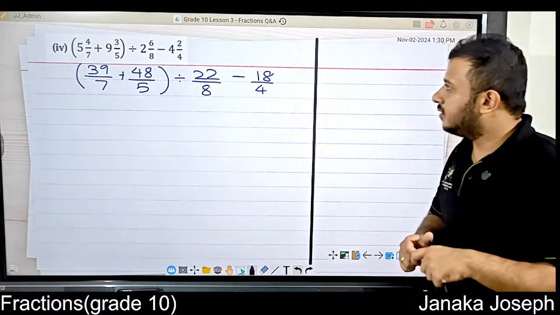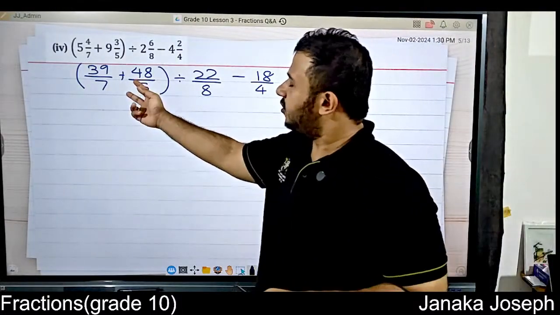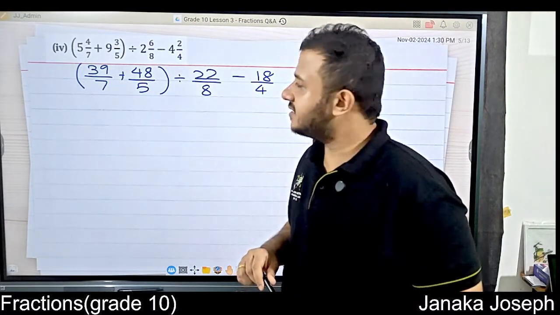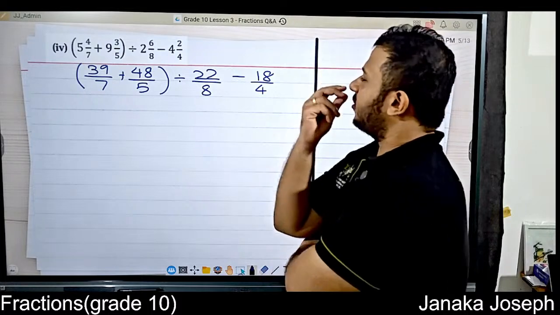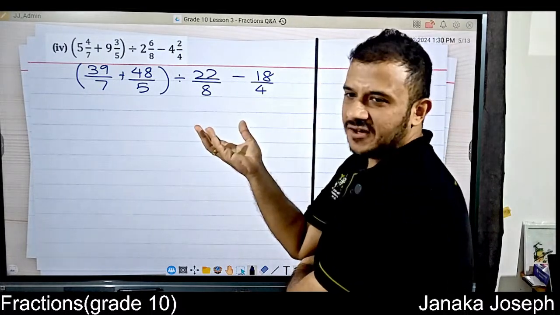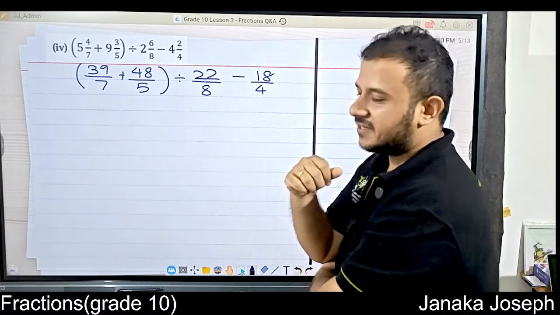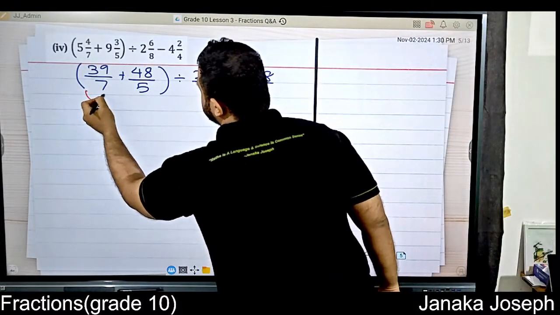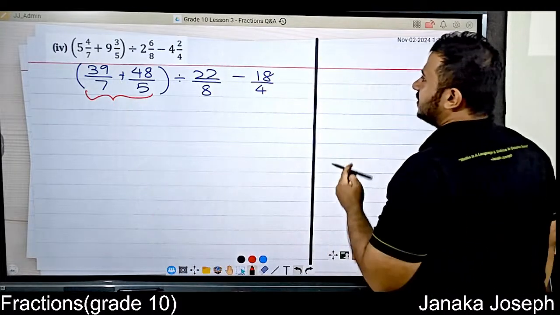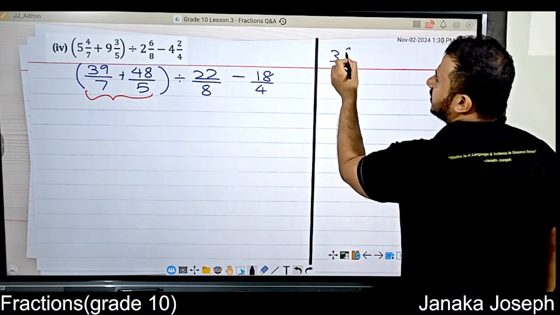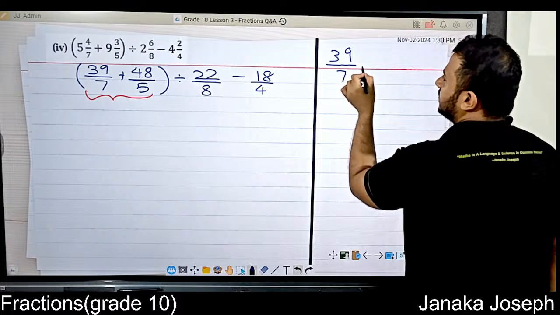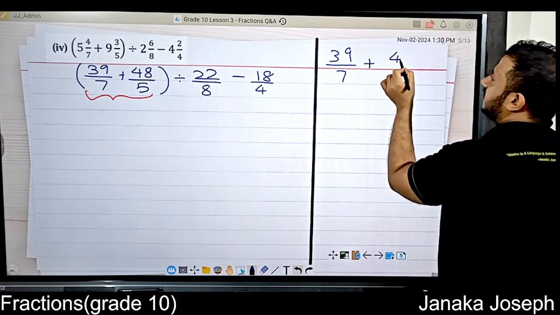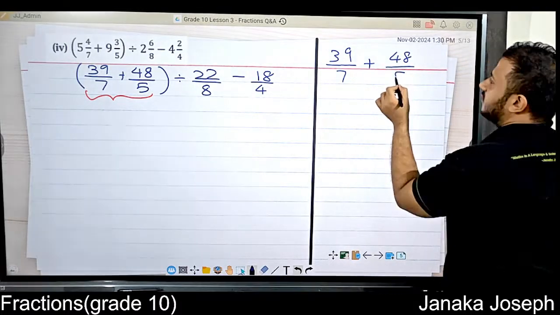So then we need to make the denominator the same here, isn't it? So let's think about it. 7 and 5 will meet each other at 35. Let's do that addition first. 39 over 7 plus 48 over 5.